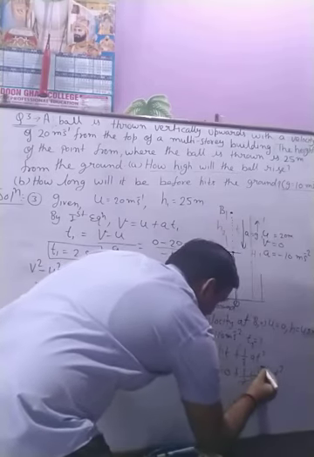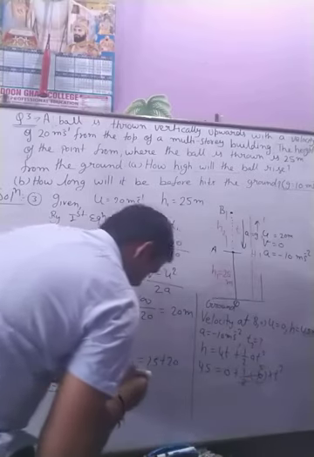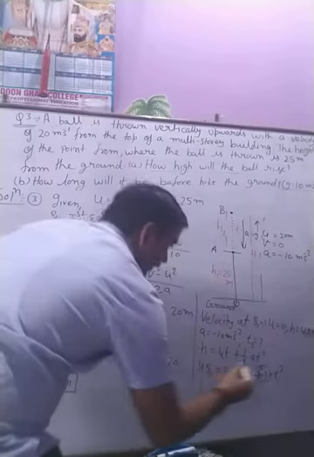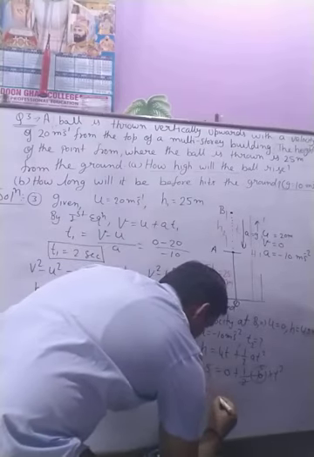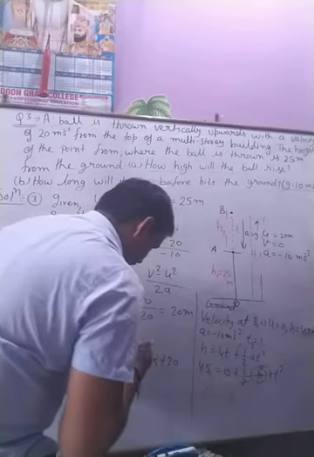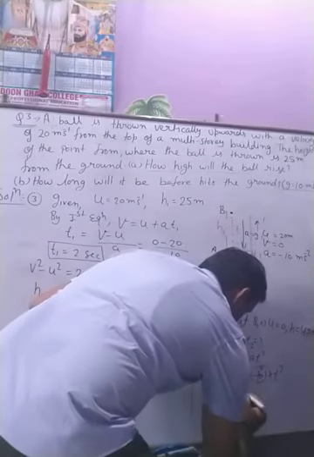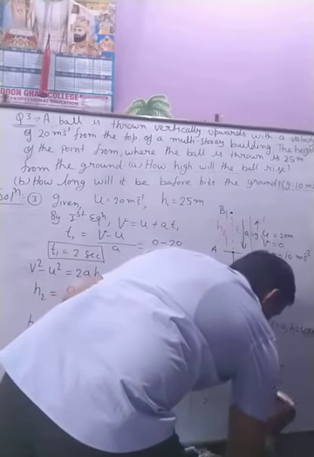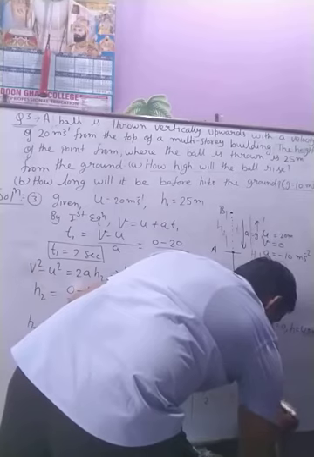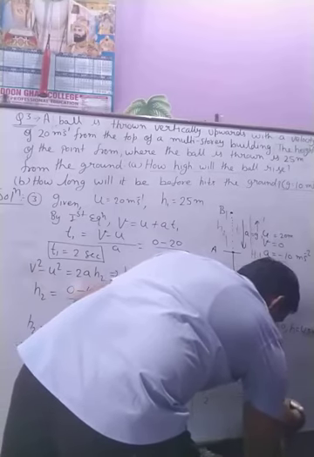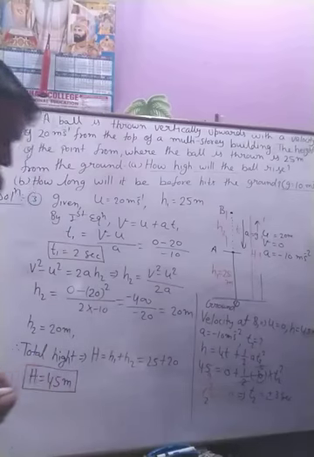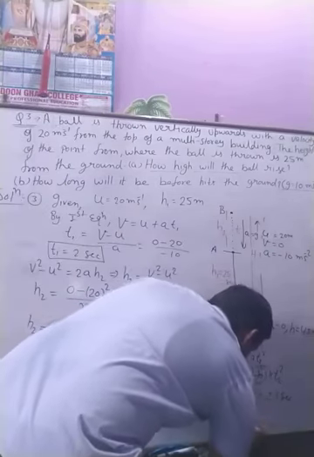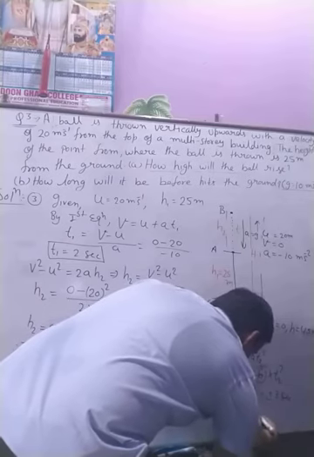This 5 will cancel 9 times, so we get t square is equal to 9. Therefore we calculate t2 is plus minus 3 seconds, because time is a scalar quantity, so t2 is equal to plus 3 seconds.